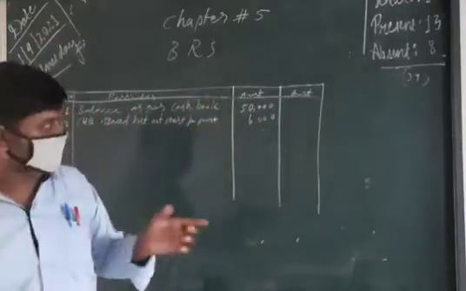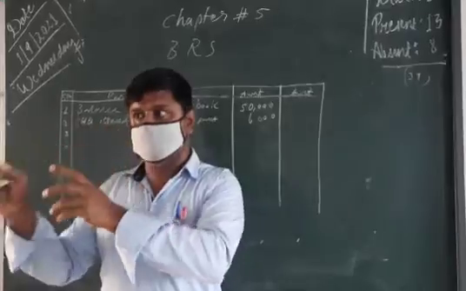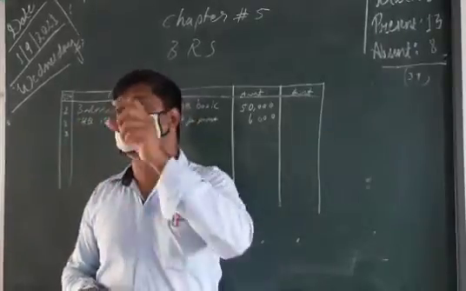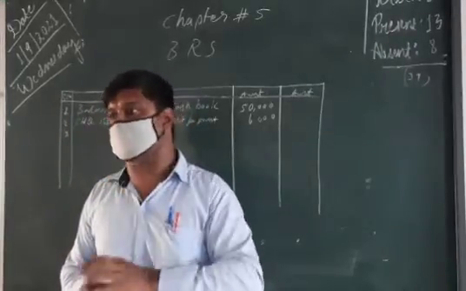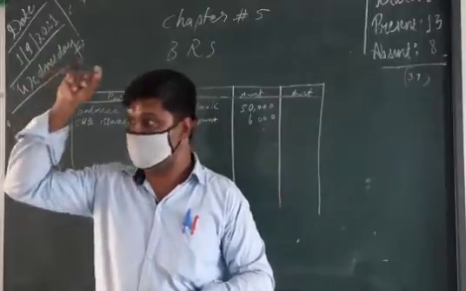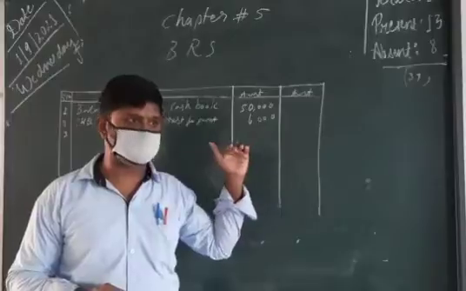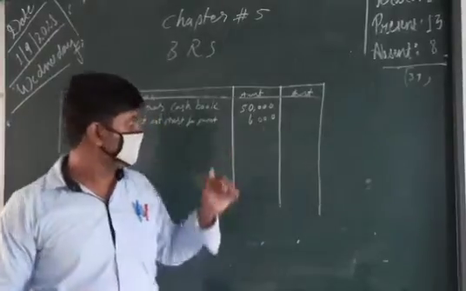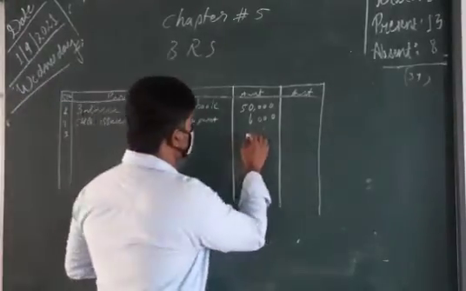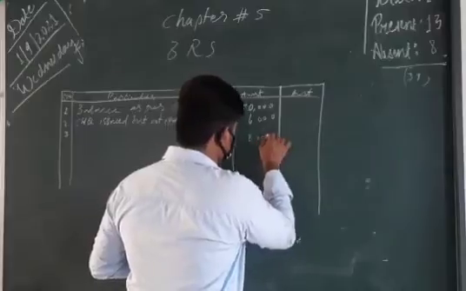Clear now? So you understand that the bank directly collected a dividend, that is rupees 8,000. Now the bank balance is increased, but our cash book balance is not increased. So what do we have to do? We need to add that 8,000 here.